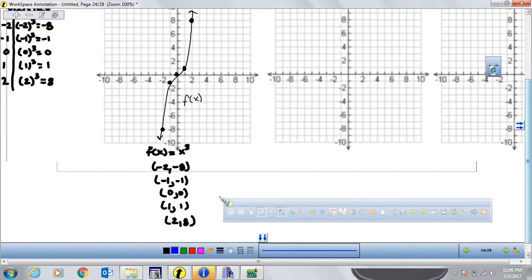We already mentioned that the first transformation that must be applied in this problem is the shrink. So we're going to start with 1/3 x cubed. What is that 1/3 going to do? It's going to shrink it vertically, and basically it multiplies all of the y values times 1/3.